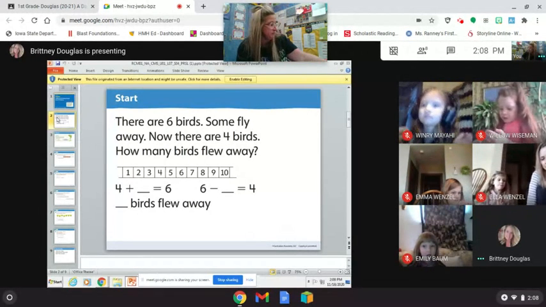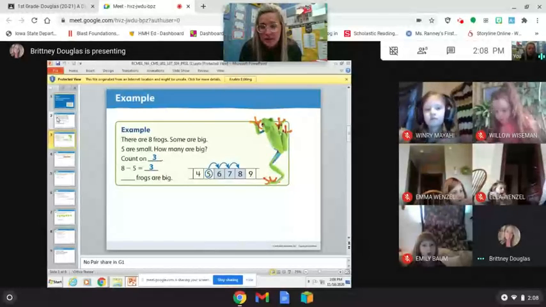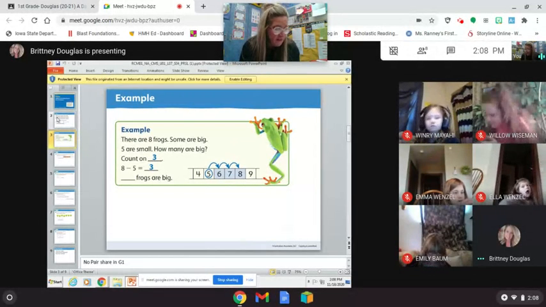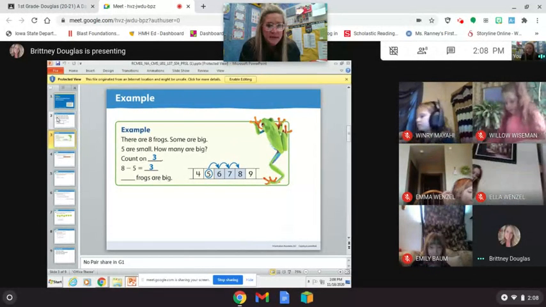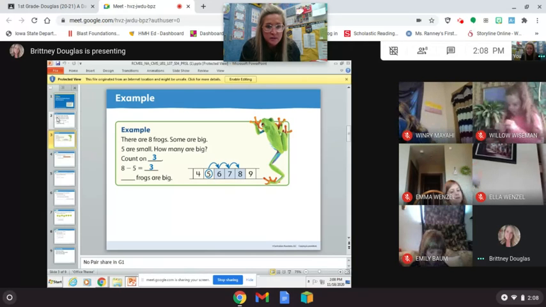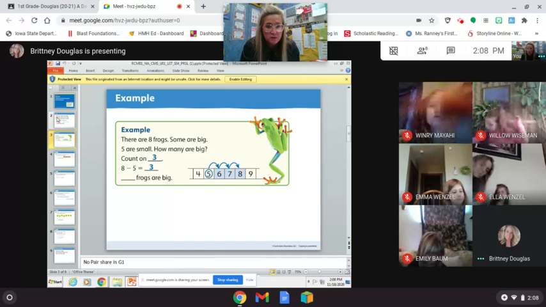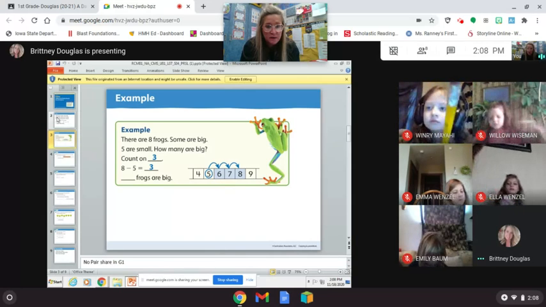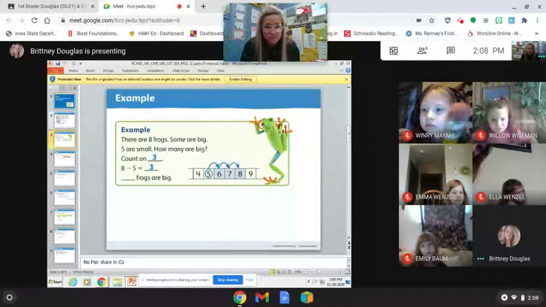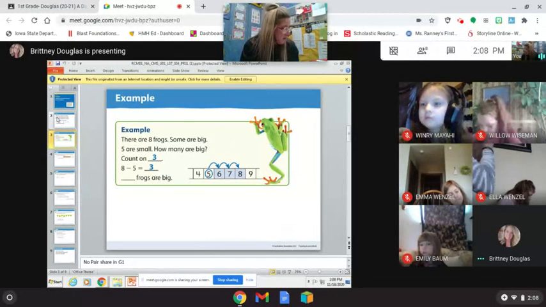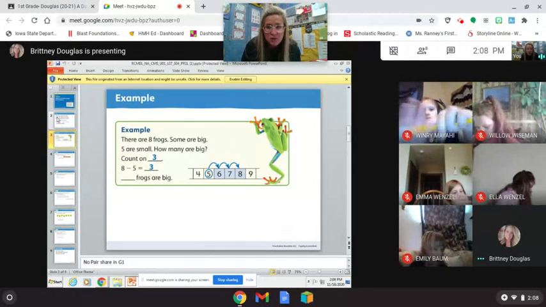Okay? Here's the first one that's in our book today. This is on the top of page 157. It says there are 8 frogs. Some are big, 5 are small. How many are big? And it's telling you to count on 3, right? So it's doing this one for us.